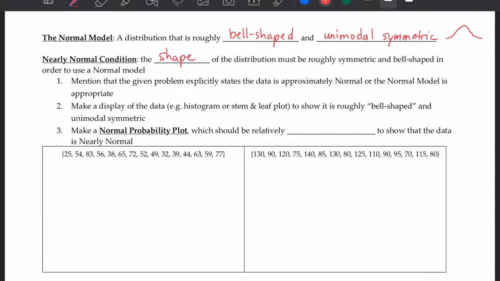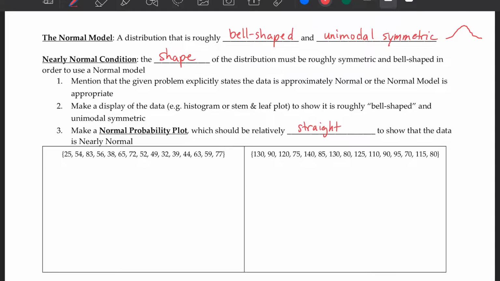A normal probability plot plots the values up against z-scores. If it is in fact normal, then it should be relatively linear, relatively straight.